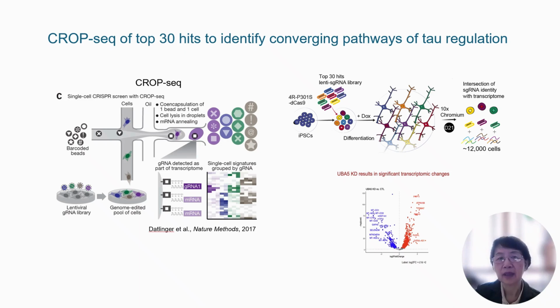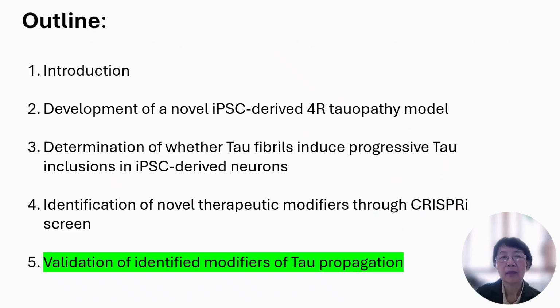Analysis of the resulting data yielded 12,000 high-quality single-cell transcriptomes after filtering. Here, UBA5 knockdown is shown as an example. You can see the transcriptional changes after UBA5 knockdown. The next step is to validate individual hits identified in the screening.